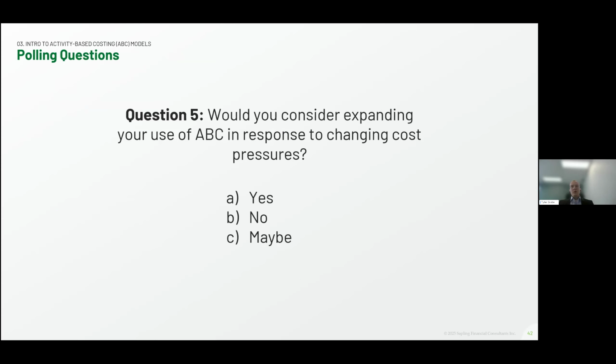So just a quick polling question. Would you consider expanding your use of ABC in response to changing cost pressures?